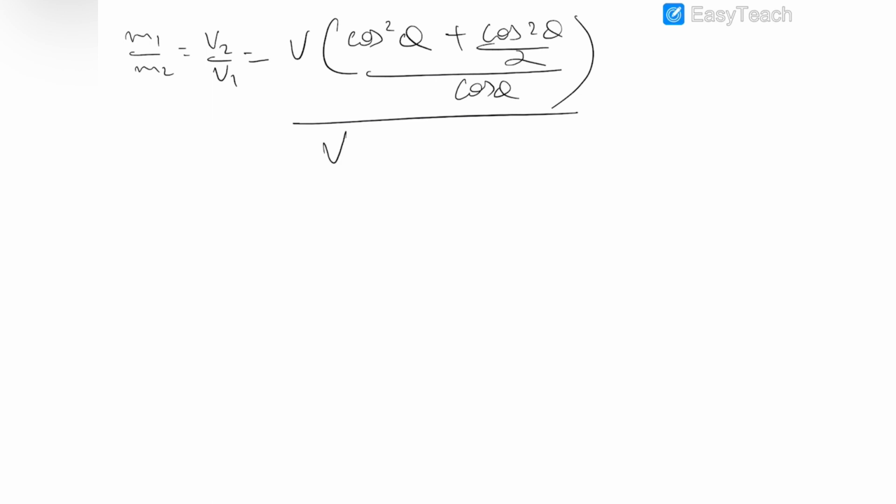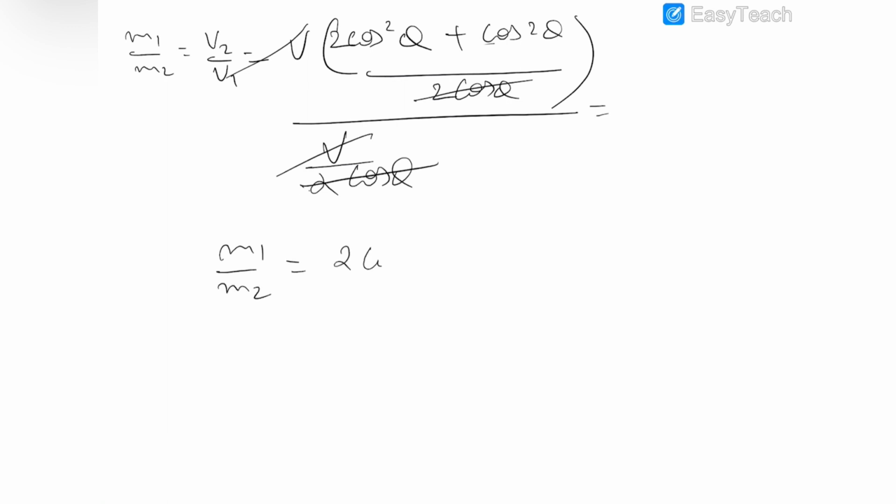So divided by v upon 2 cos θ. If I take the LCM, and I am taking this 2 also in the LCM, you can cancel out v with v. So m1 by m2 is equal to 2 cos square θ plus.